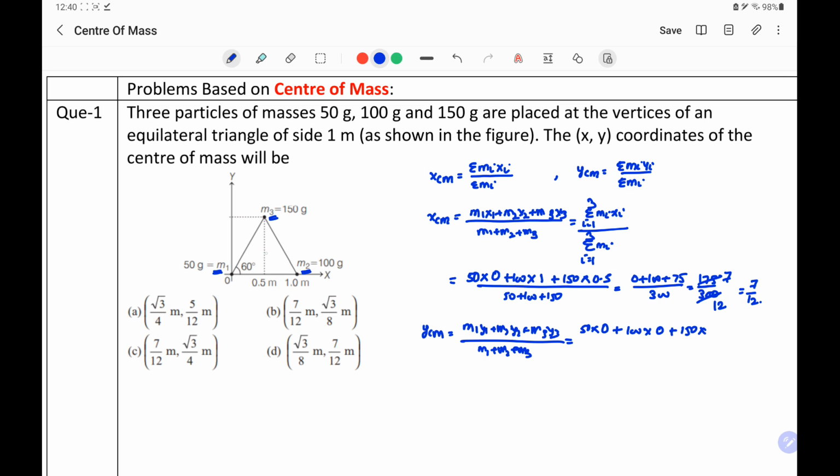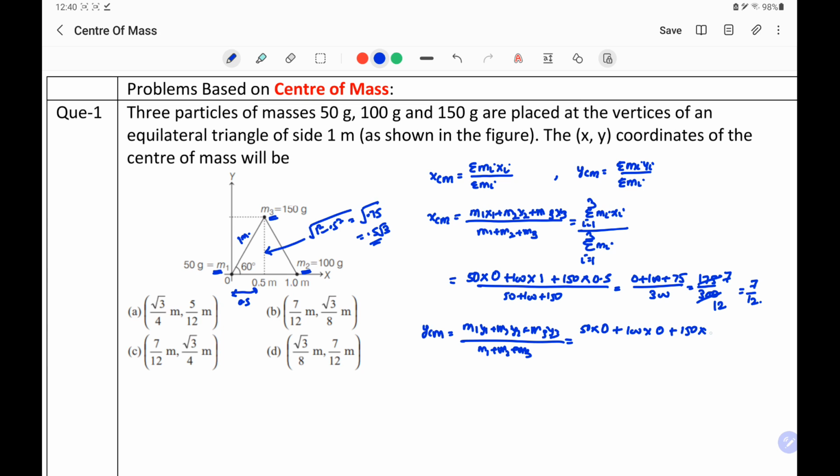To find the y coordinate, we have to use the Pythagoras theorem, in a right angle triangle having length 1 meter and this length 0.5 meter, so this hypotenuse or perpendicular will be of value square root of 1 square minus 0.5 square, that is equal to 0.75, or we can write it as 0.5 root 3.